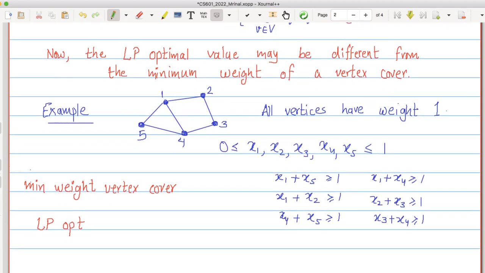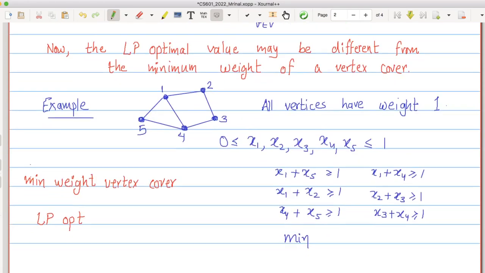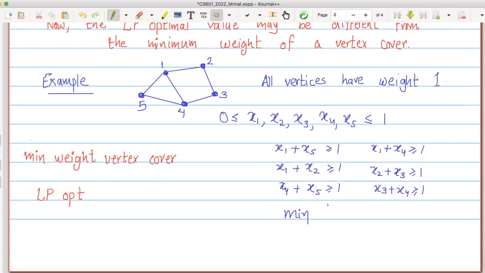So suppose all edge weights are 1, then our objective function is we want to minimize x1 plus x2 plus x3 plus x4 plus x5.